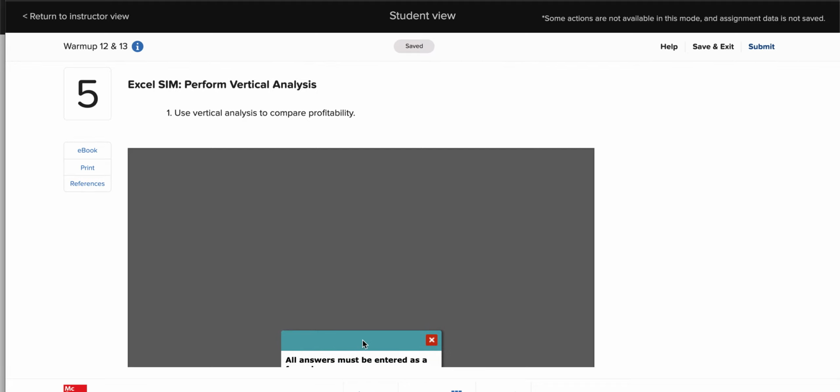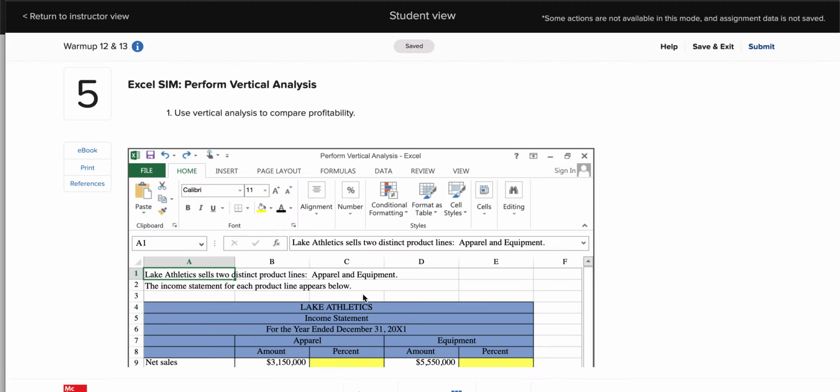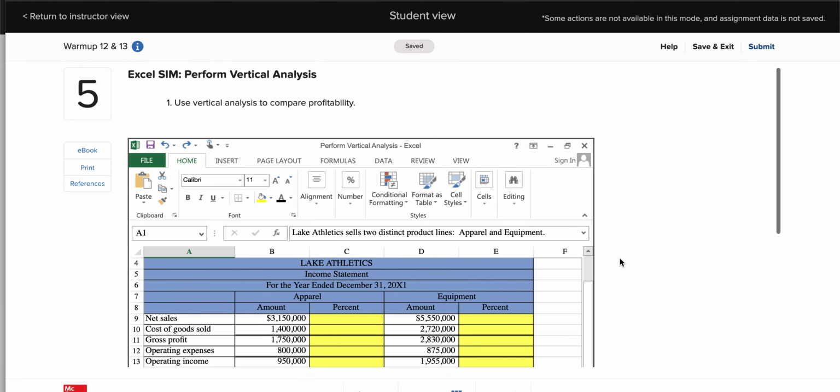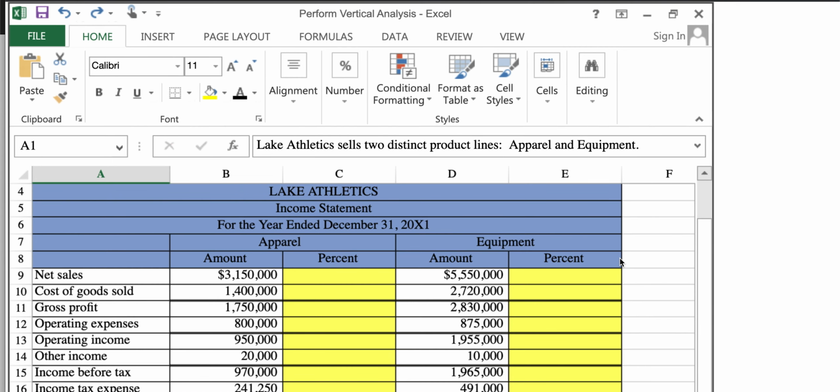Okay, same reminder here, all answers entered as formulas since it's an Excel simulation. This one is a, excuse me, vertical analysis. If you recall from Accounting 201, vertical analysis, we call it that because we are constantly going up and down.